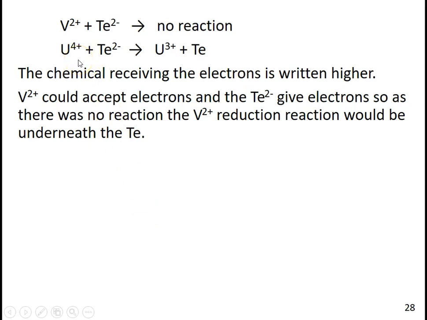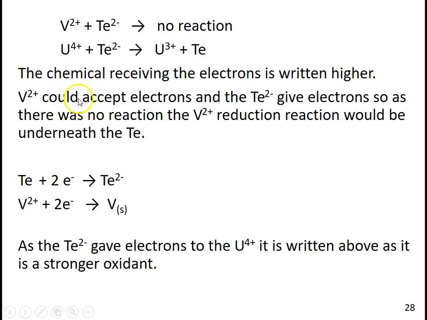Then when we look at this, we can see that there is a reaction. This is giving its electrons to the U4+. And for it to give, it has to be in that pattern, which means that the U4+ must be above the Te.